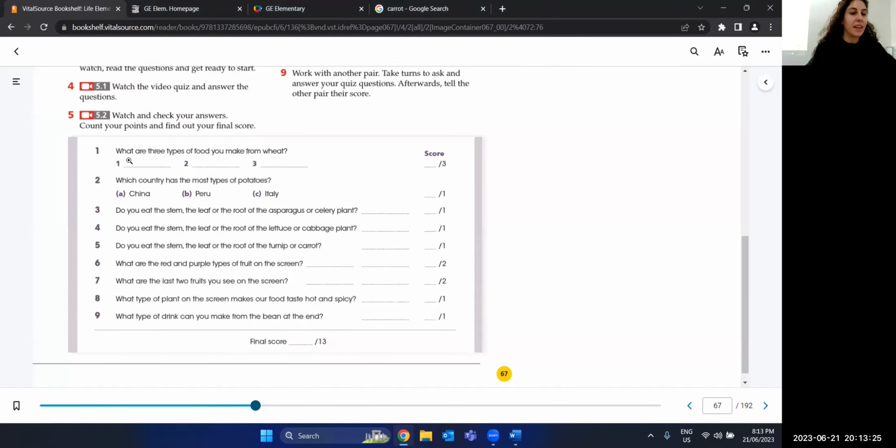We'll go through it. So what are 3 types of food you make from wheat? Right? Bread, flour, pasta. Yep. Which country has the most types of potato? Peru. Do you eat the stem, the leaf, or the root of asparagus and celery?